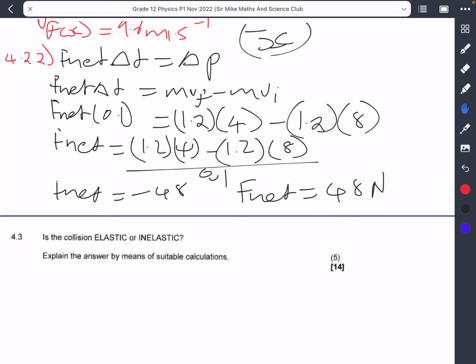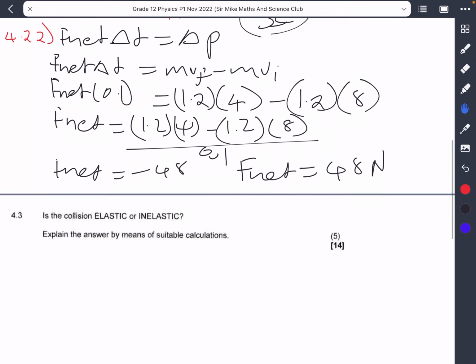But if you find that they are not equal, it would be an inelastic collision. You're not going to equate them first, but calculate the sum of the kinetic energy before collision separately, and then calculate the one after separately as well. Let me just scroll down again.